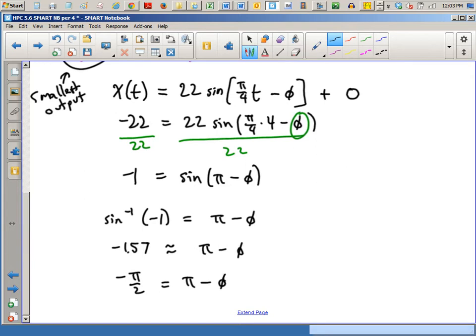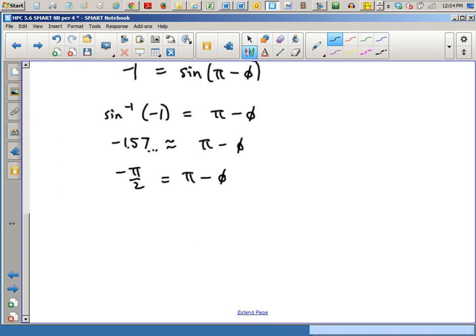The calculator gave us that, but we believe it's negative pi over 2. And then we'll subtract the pi, and we learn that phi is 3 pi over 2.